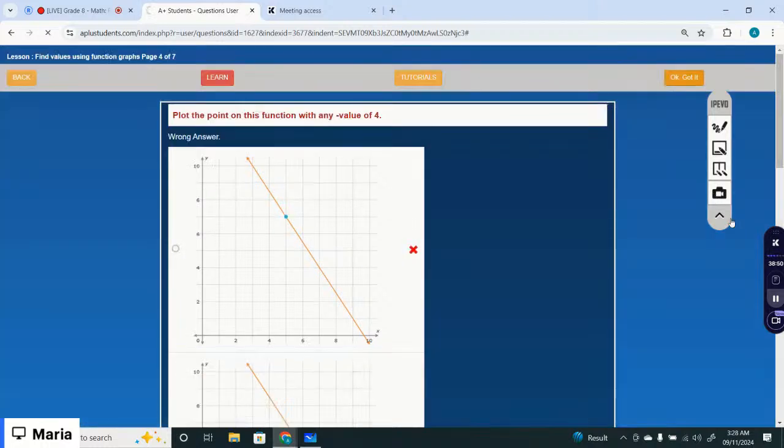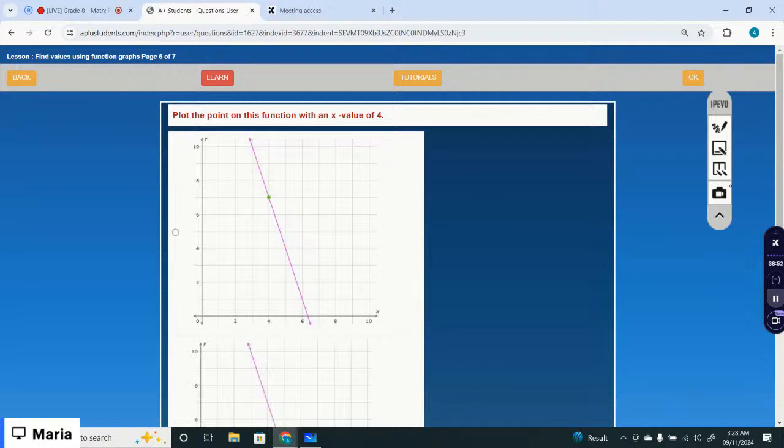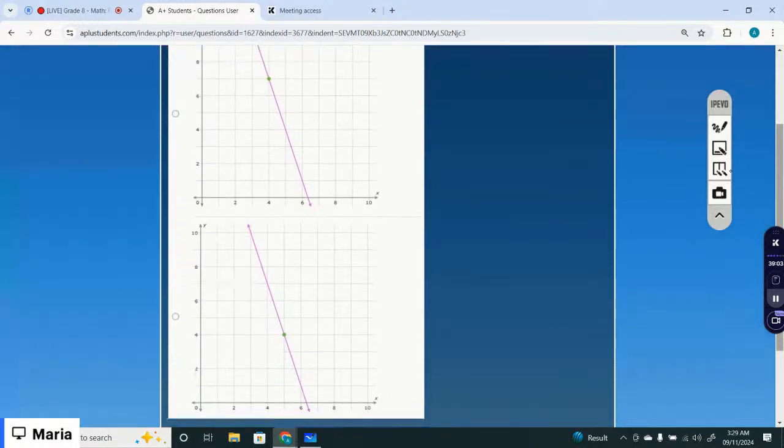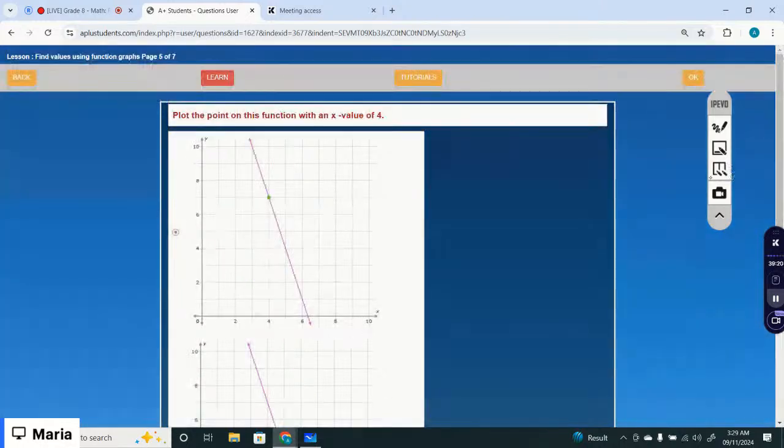The next one is plot the point on the function with an x value of 4, which is the correct option, option 1 or option 2? Option number 1 is the correct option, right?